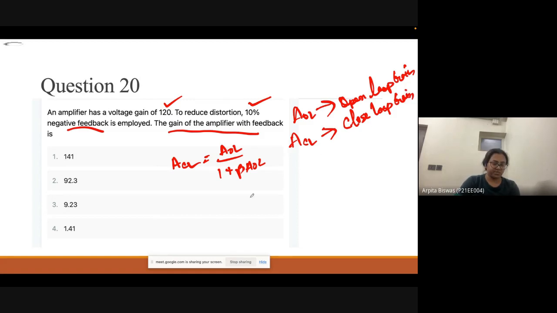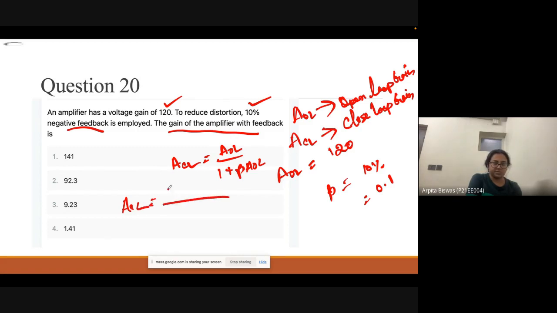And now here the value of AOL is given. Okay, without feedback, it is 120. And the beta value is also given, which is 10%. 10% can we write 0.1? So now tell me, what is the value of ACL? 120 by 1 plus A into beta.